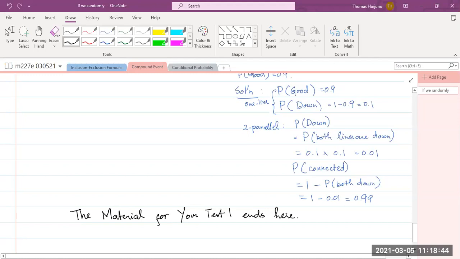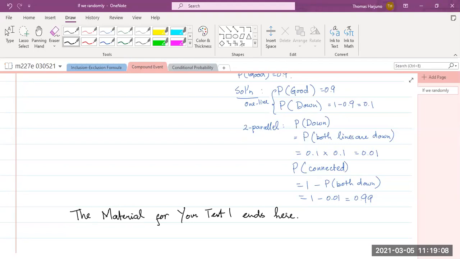Now, what I'm about to do next is conditional probability. I think I will cover conditional probability in 1 hour, and then we go on with problems from our textbook regarding compound event and conditional probability.